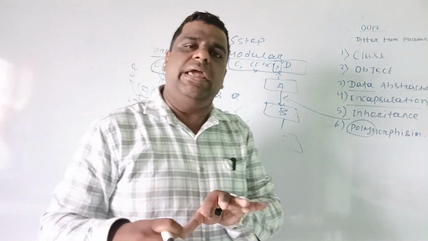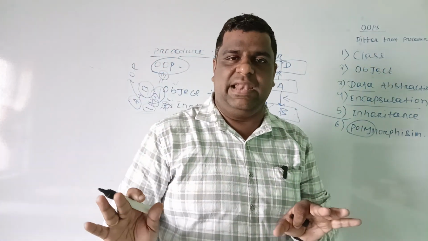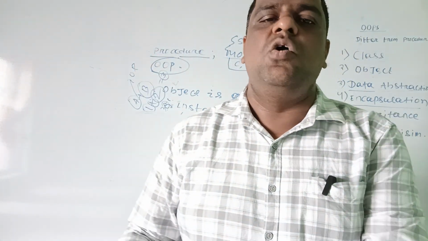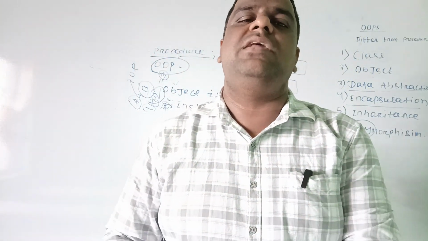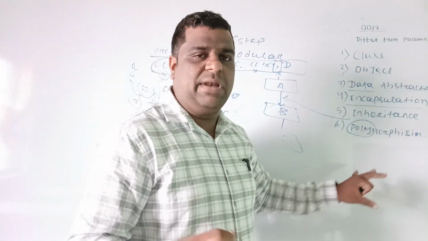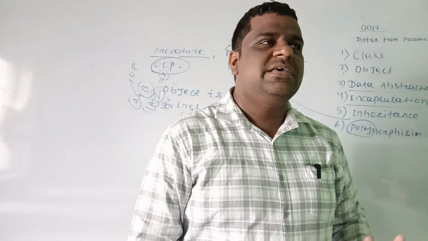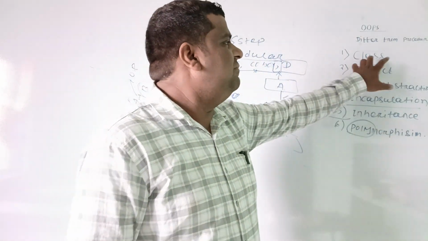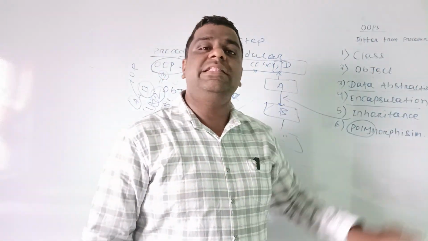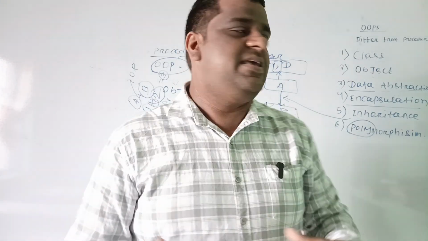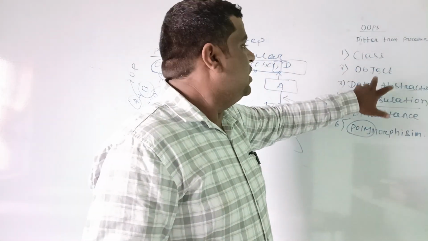All the examples I will explain practically later: the syntax, the operators, the object, and the concept. Okay guys, these are the theoretical parts of OOPS. In the next video I will explain all the practical things about class and object.